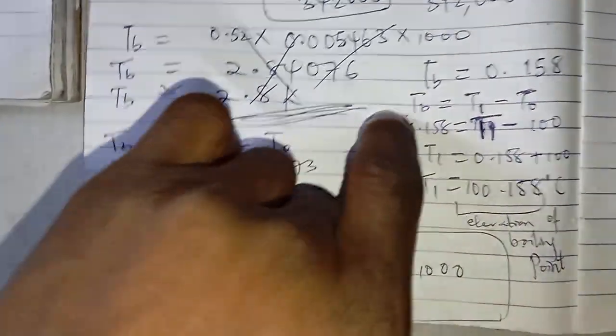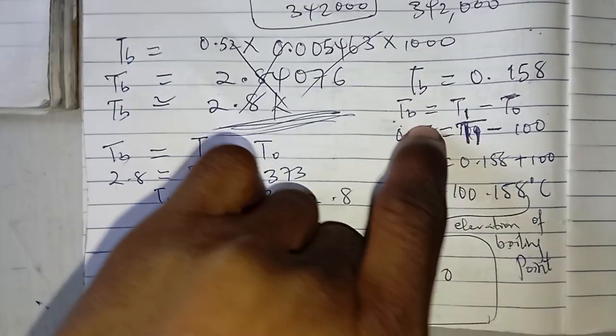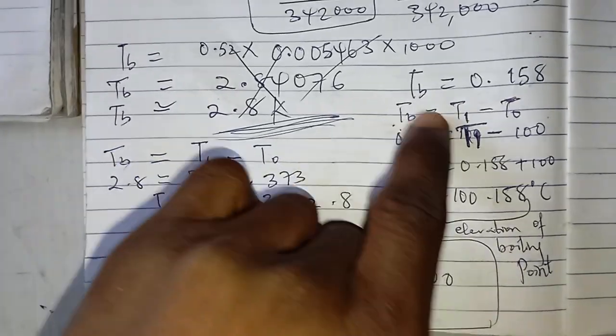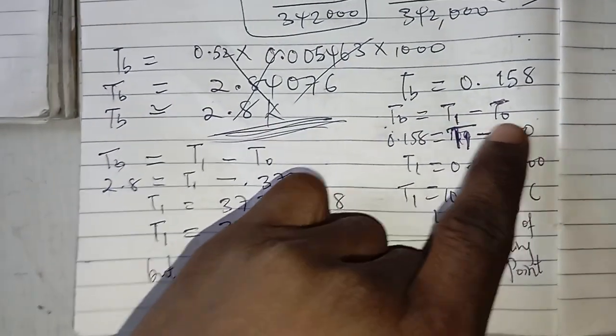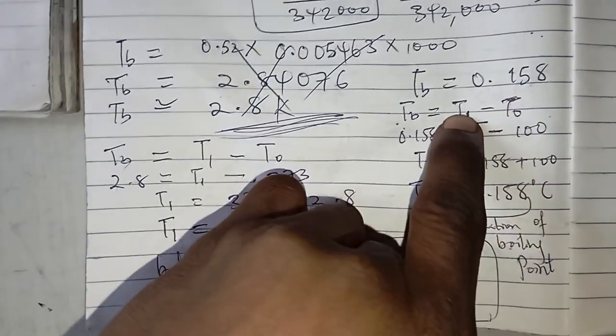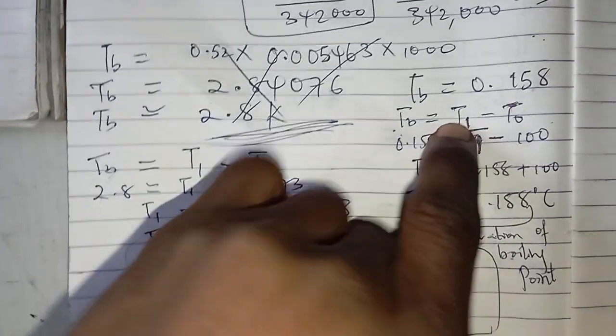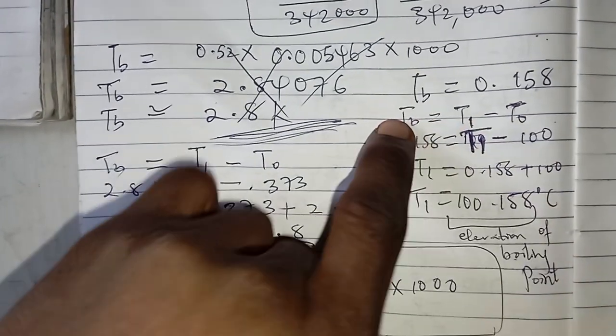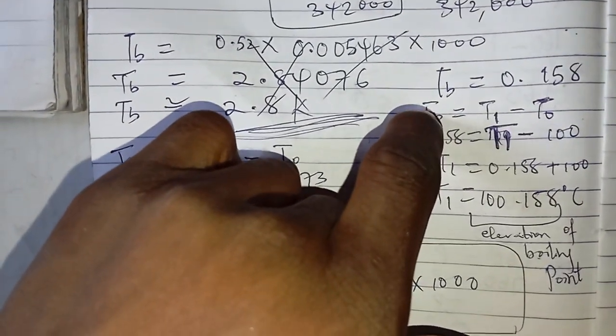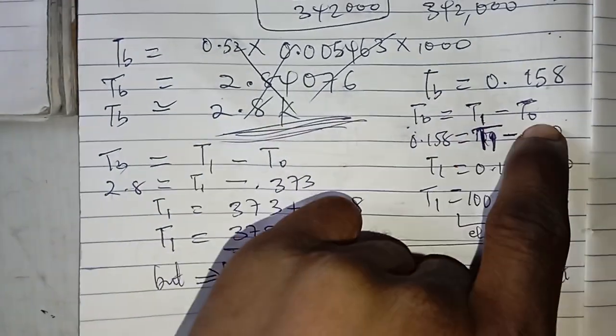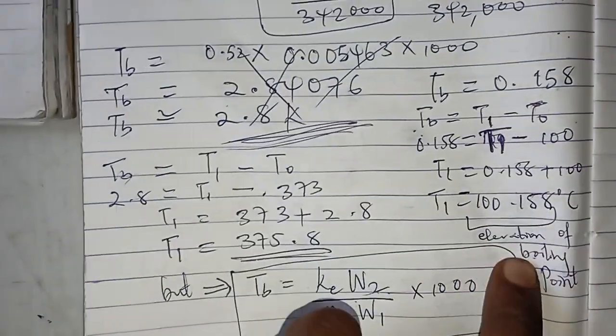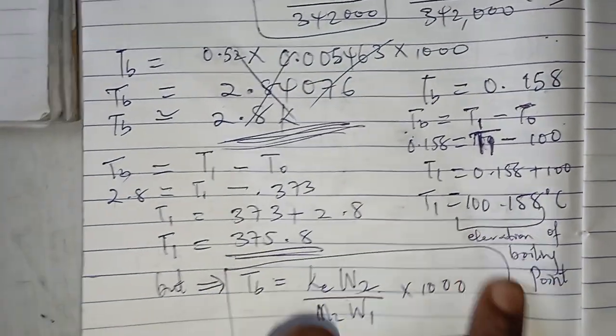Once we are able to get the difference in the two, we get change in boiling points, which is elevation of boiling points. But in a situation where this is giving me an increase, that means this boiling point elevated.